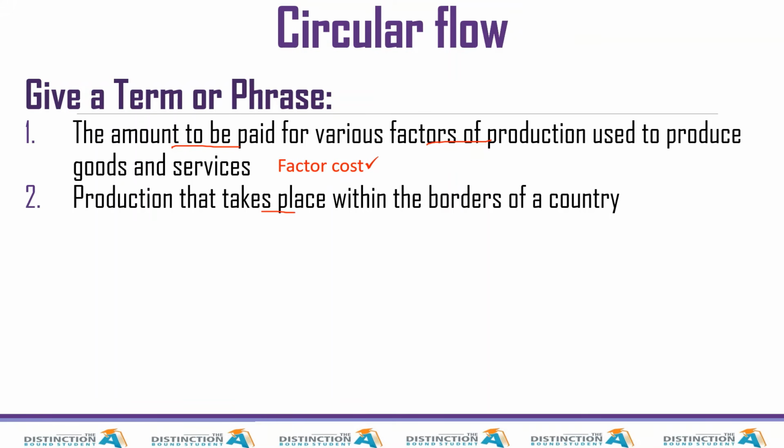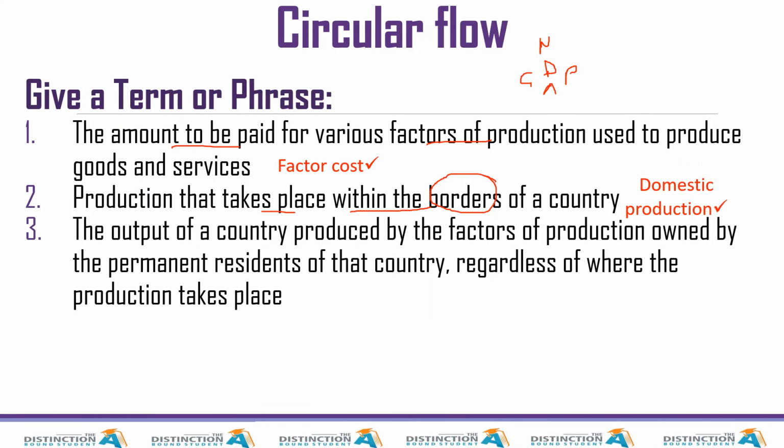It is the factor cost. Next one. Production that takes place within the borders. Gross production. What's missing? Is it national or is it domestic? Let's look at this word. It gives us the answer. So it is domestic production.